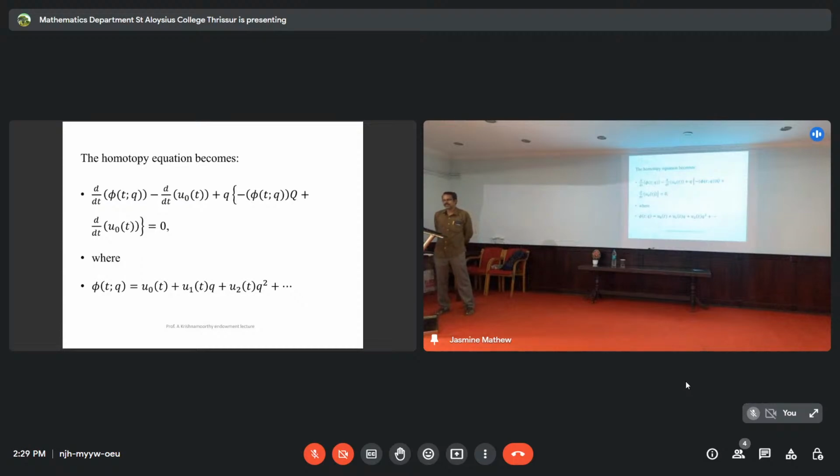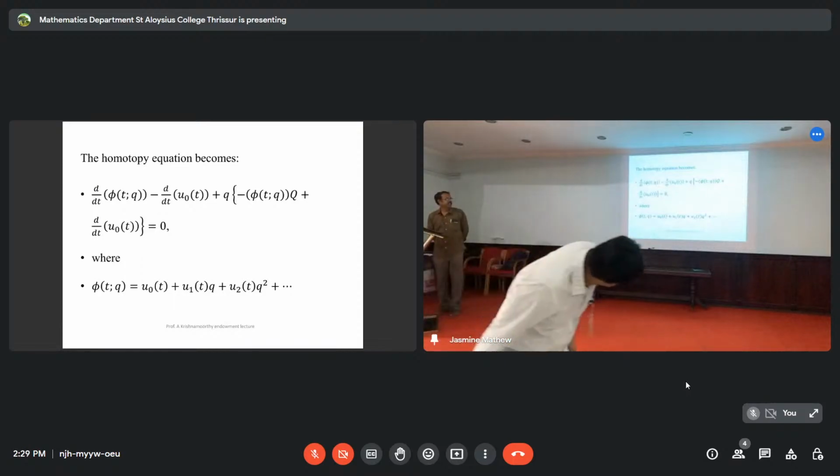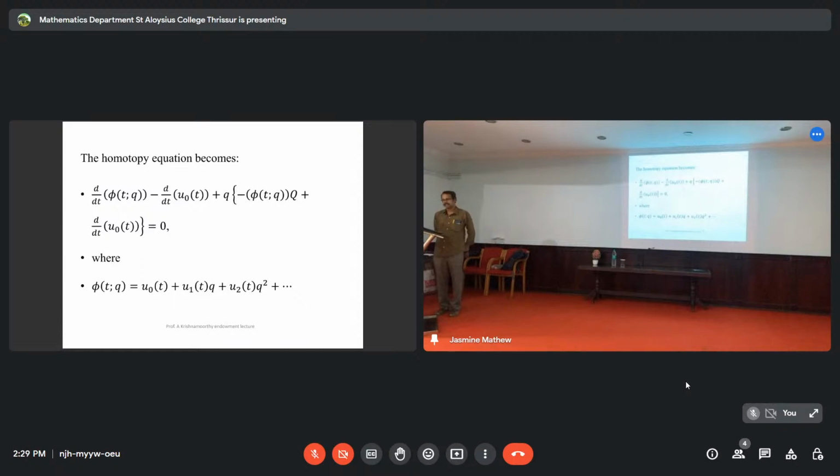Now phi(t,q) is a power series in q, so we substitute for phi(t,q) and collect the coefficients of similar powers of q and equate them to 0. So that gives a relation between the variables u0, u1, etc. So that is the trick of this method.